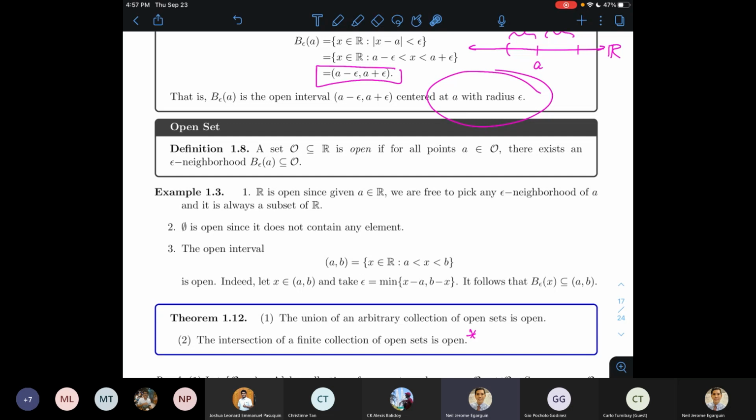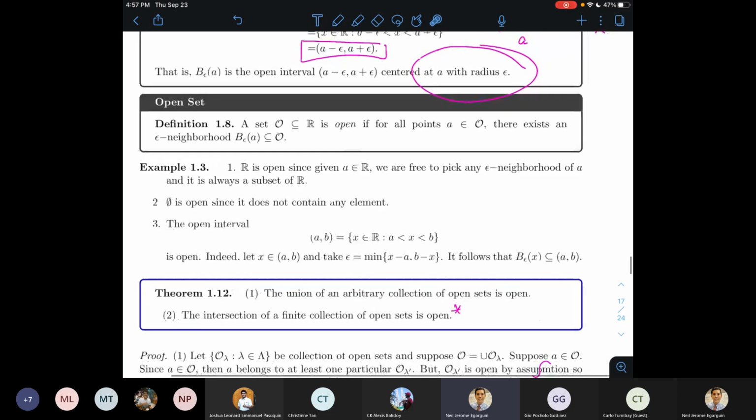So, ibig sabihin lang, kung open daw yung set mo, kahit kumuha ka ng kahit anong element ng set na yon, tapos bumuo ka ng epsilon neighborhood, however small or big that epsilon is, existence lang pala to, no?